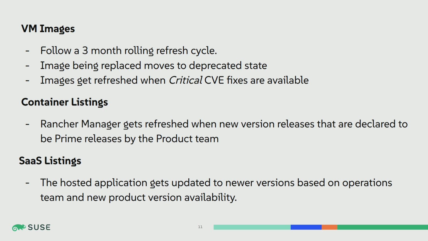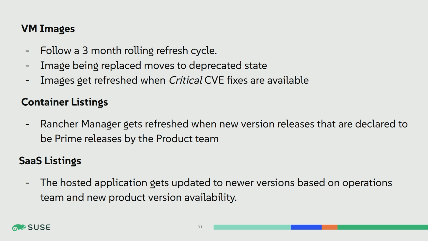Well, this is actually in the next slide, but earlier this year, we announced that we're also changing the inactive images to a 3-month rolling refresh. So inactive images are all those distributions that are in the LTSS period or SPAS period for SAP, right? We have the general support lifecycle, which is 18 months for SUSE Linux Enterprise Server, and 45 months for SUSE Linux Enterprise Server for SAP.